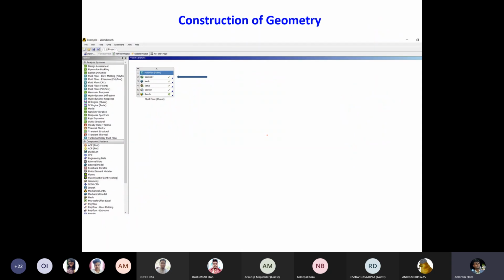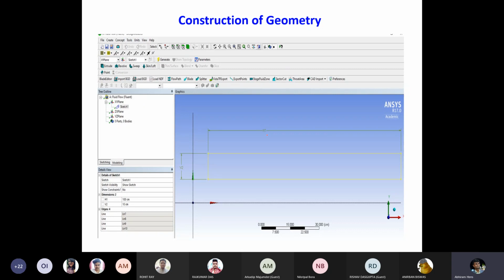So the next step, if you click on this geometry bar, this window will open. For geometry construction there are right now two options. One is called, I forgot the name, and another one is called SpaceClaim. Basically these are two different CAD interfaces.